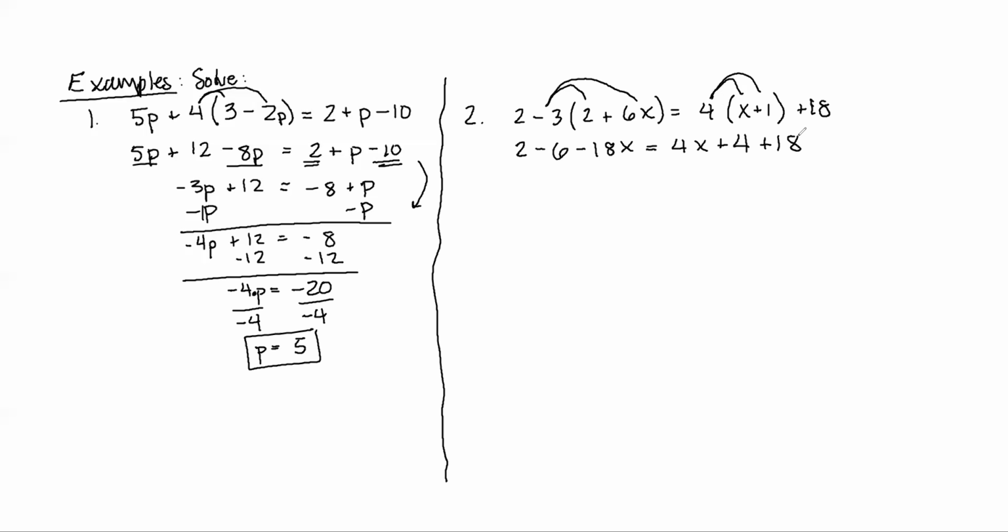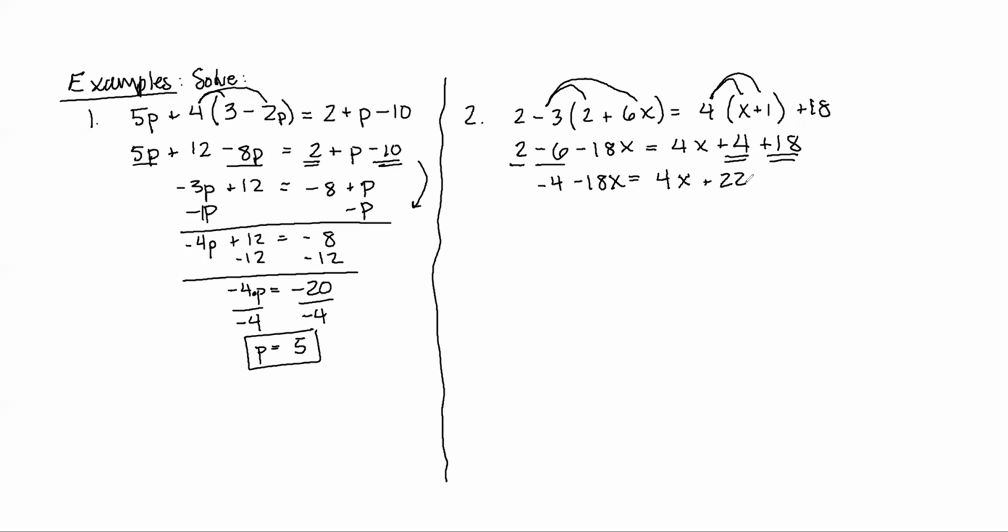Well, we want to combine our like terms, so let's combine the 2 minus 6, and we get negative 4. Minus 18x, there are no x's on the left side. Now on the right side, we can combine this 4 and the 18. So keep the 4x in the front, or you can write it at the end, and then plus 22.